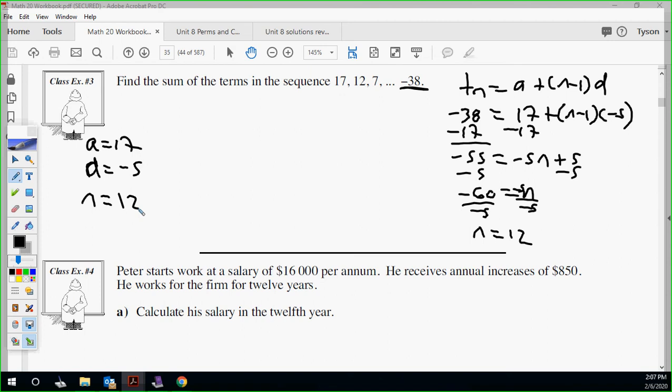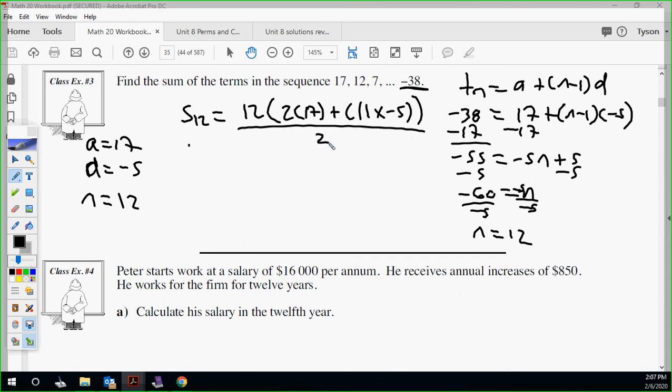Now we're ready to use the formula for the series, because it wants to know the series sum. If we plug it in, S of 12 is 12 times 2 times 17 plus n minus 1, so 11 times the common difference of negative 5, all over 2.